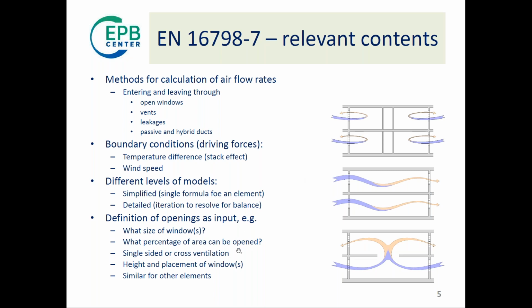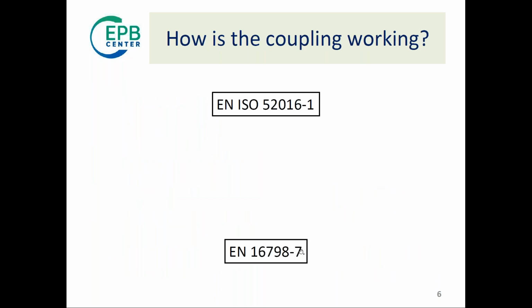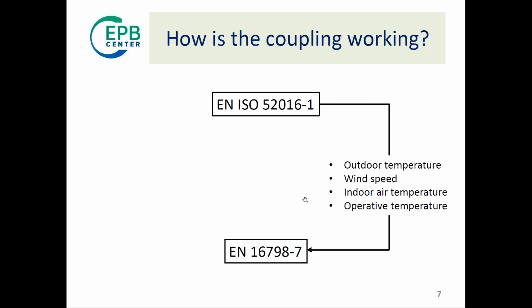So this is how I have already talked about. This is shown here at the side. So how is this coupling working? You now see a graph which is very similar to one of the graphs in Dick's presentation.